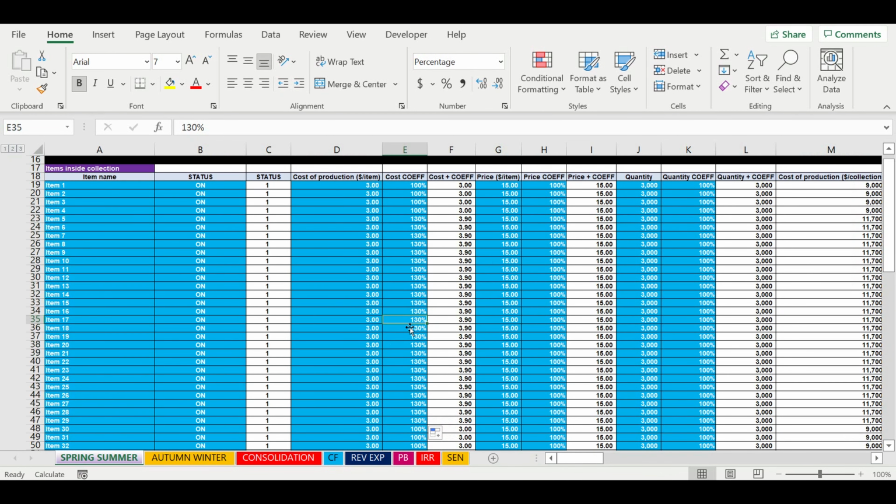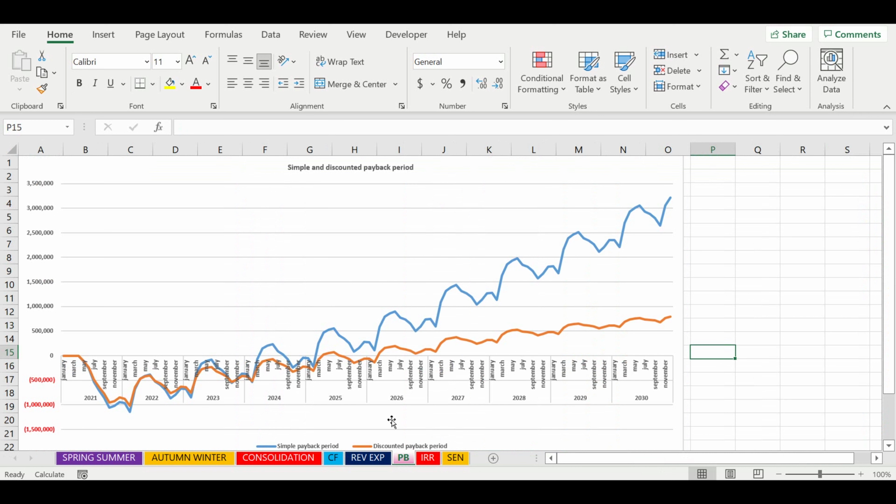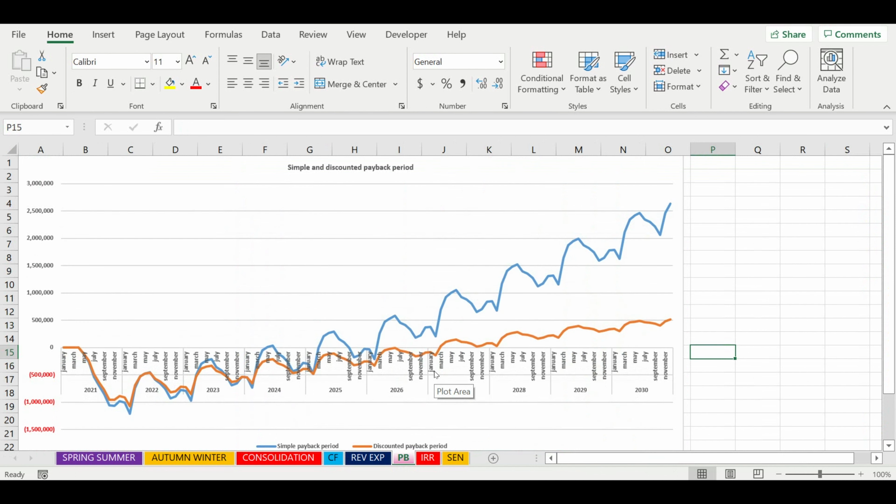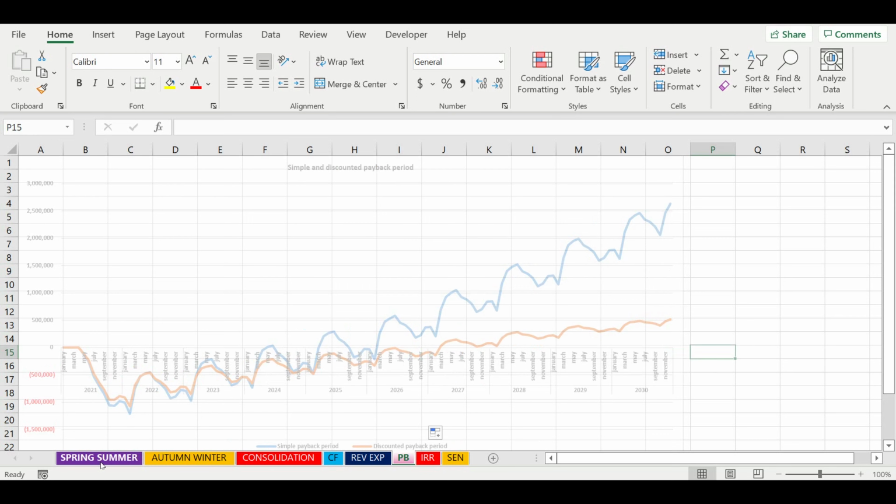So you just do it like this without adjusting the inputs. It allows you to quickly create lots and lots of scenarios. So you just go to the simple and discounted payback period and see how this or that item affects the financial efficiency, how direct costs influence financial efficiency.